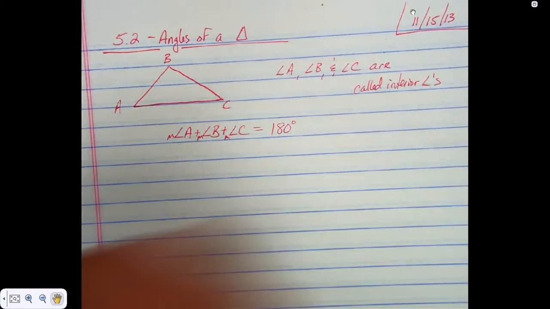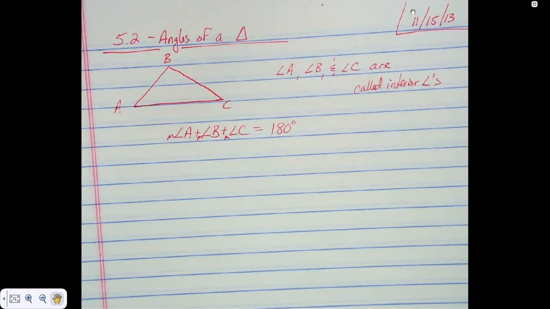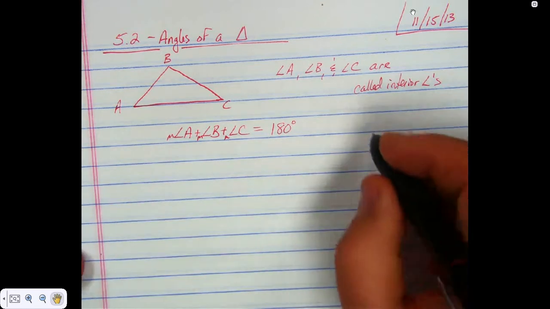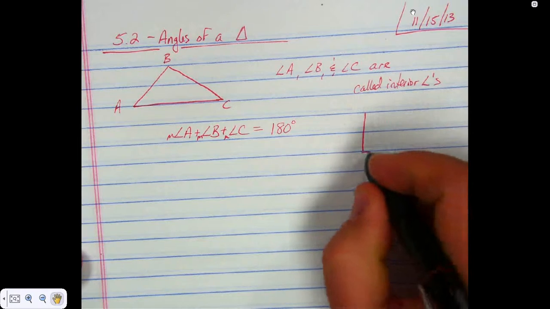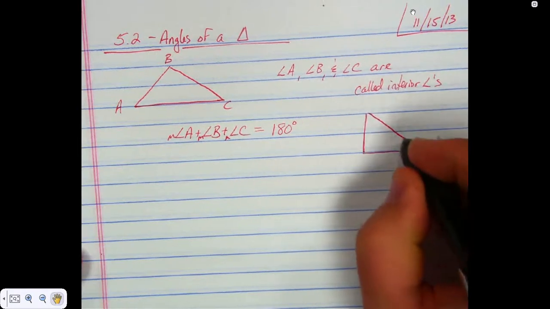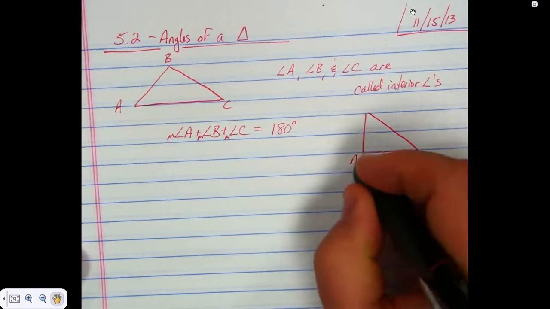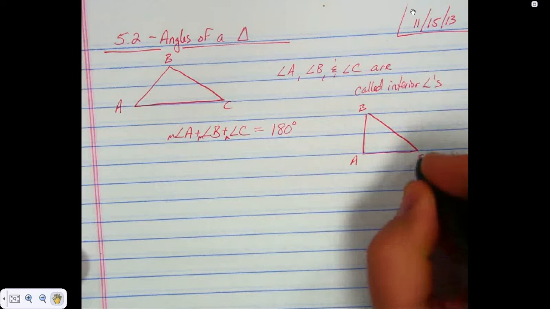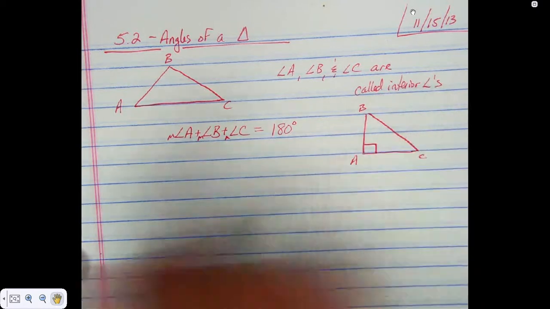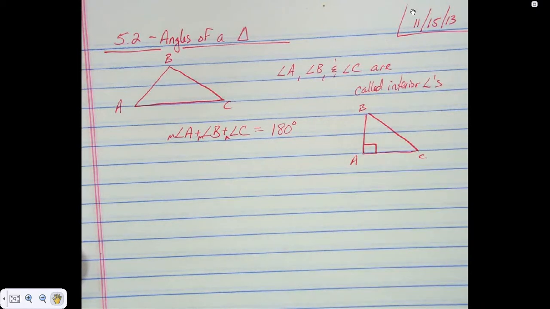Should have put the measure of angle A, measure of B, measure of C. Okay? Do we know what this symbol means? Which I hope we do. When I put that in front of an angle, what does that mean? Right. Right degrees.